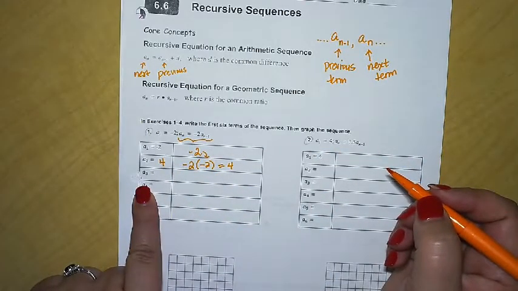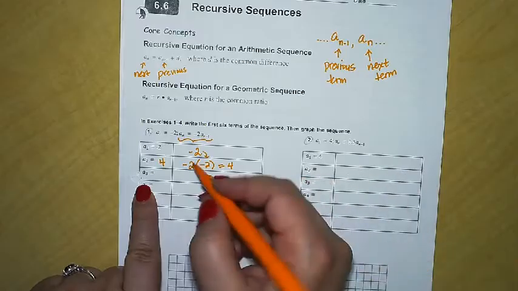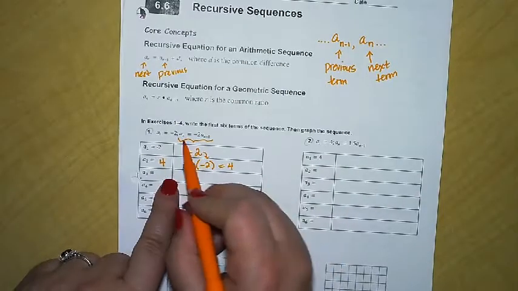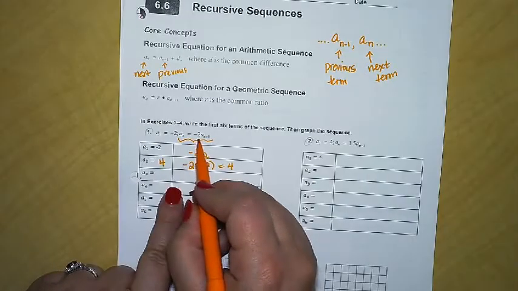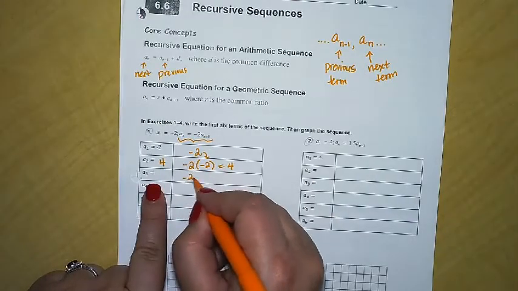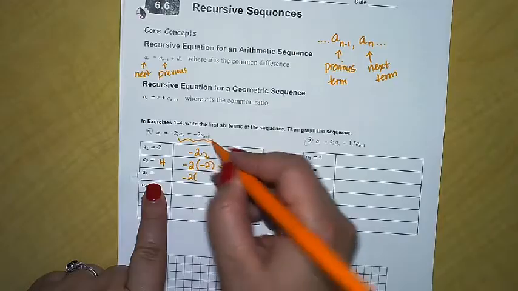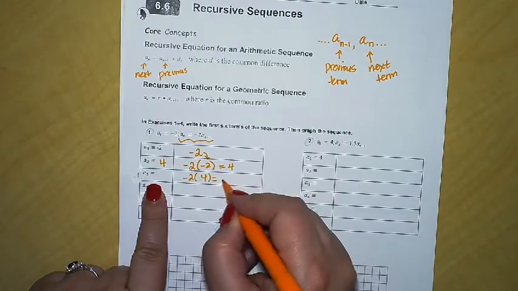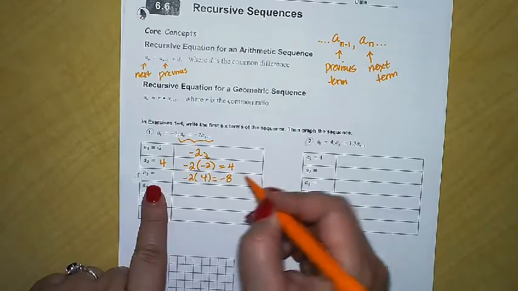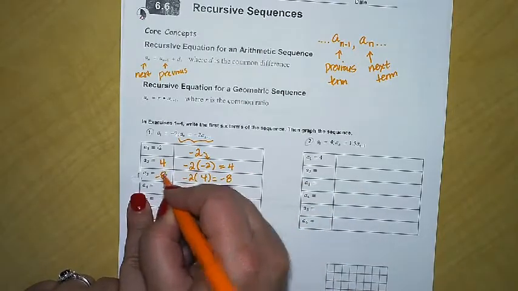Then the next term, according to this formula, is going to be equal to negative 2 times the previous term, the term right before, which would be my 4 here. And that would be negative 8. So the third term here is negative 8.